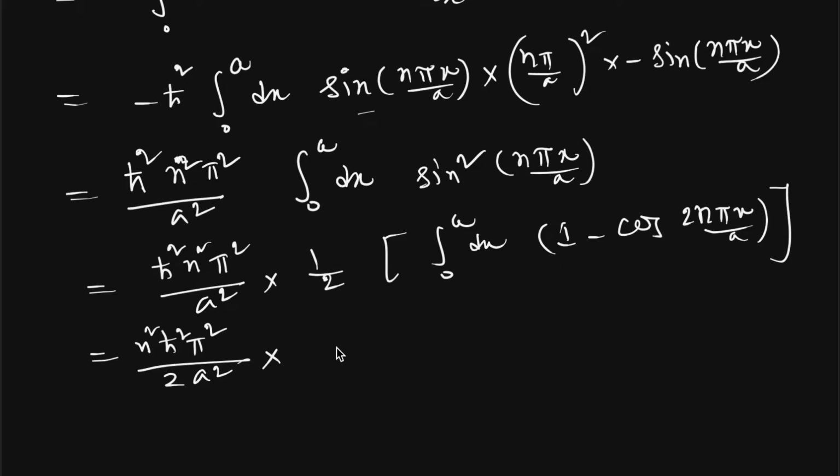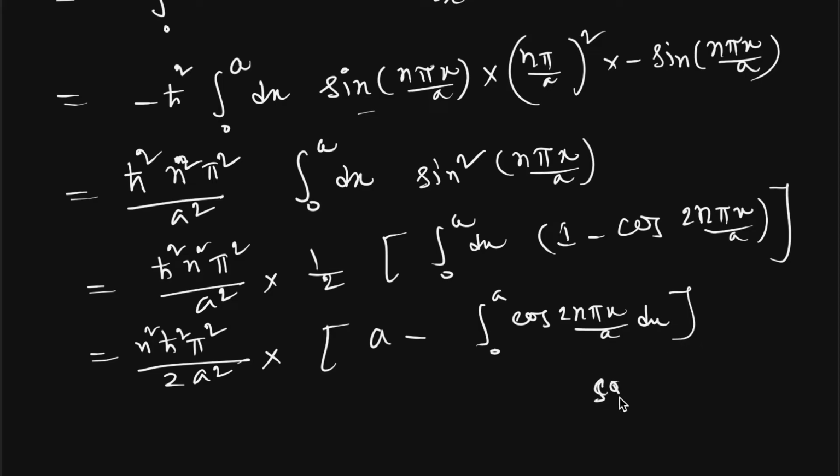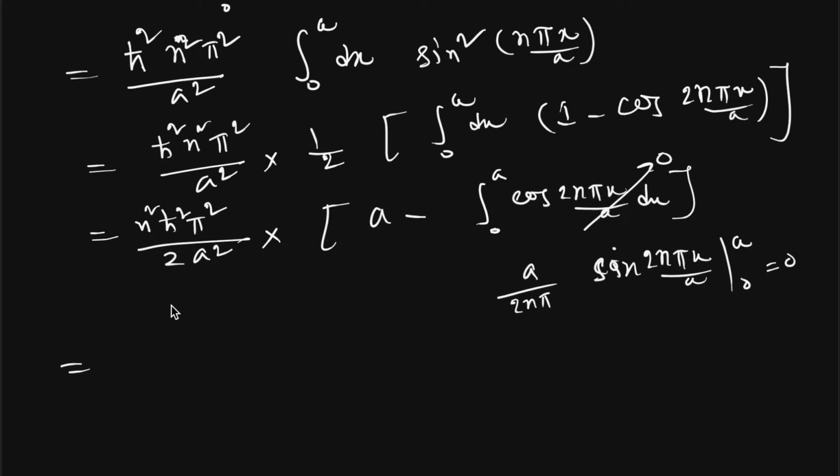The first term will give a, and the integration 0 to a of cos(2n pi x by a) dx will give sin(2n pi x by a) with a by 2n pi in front, from 0 to a. At a the sine is 0, at 0 this is also 0, so this function is 0. That means we get n square h cut square pi square by 2 a square into a.